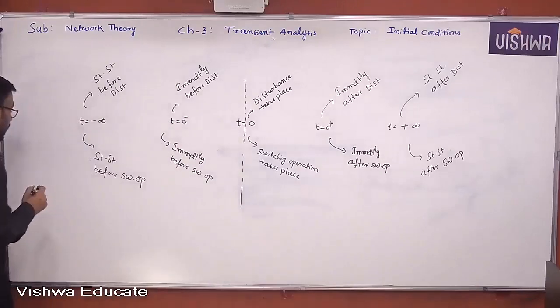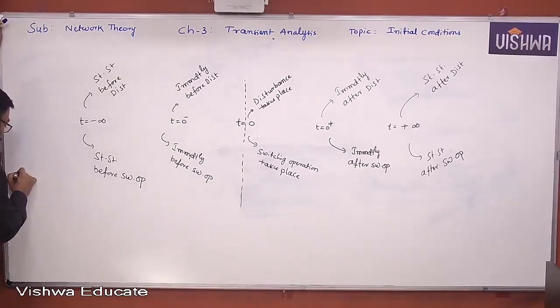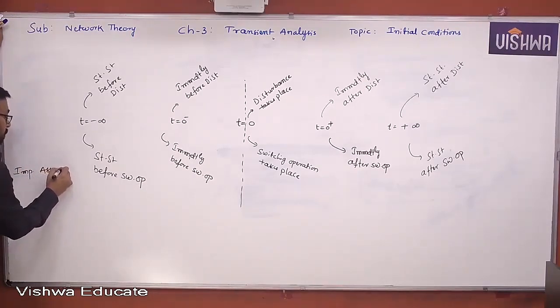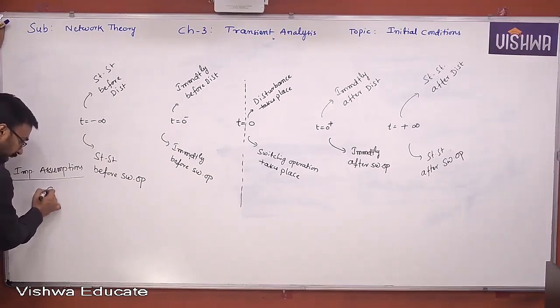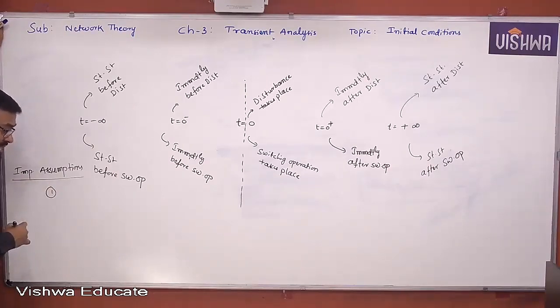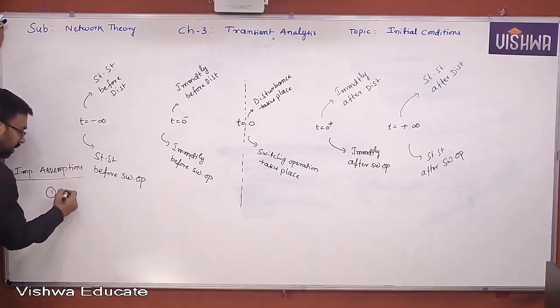Important assumptions in transient analysis, all of you. What is that? The first important assumption is that the given system is stable.